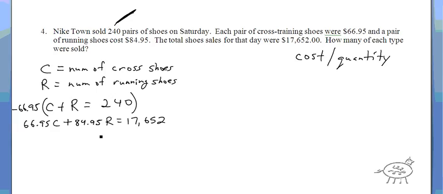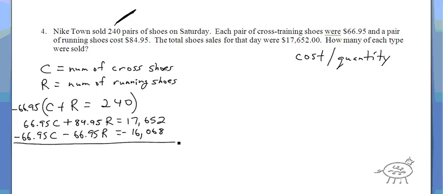Okay, so if I multiply that out, I get negative 66.95C minus 66.95R, and then of course use your calculator. Negative 66.95 times 240 is negative 16,068. Alright, so keep in mind that it's going to be a whole number.